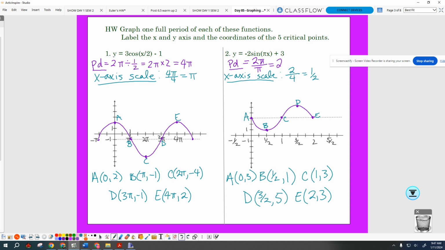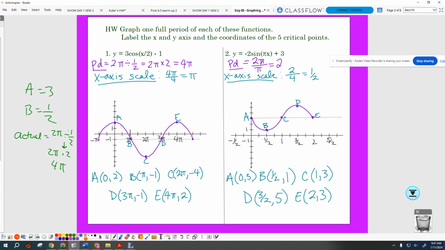I also recommend that you pull all the information off. In particular, here amplitude is 3. The b value is 1/2, not x over 2, just the 1/2. So actual period is 2 pi divided by a half. Dividing by a fraction is multiplying by 2. So it's 4 pi.